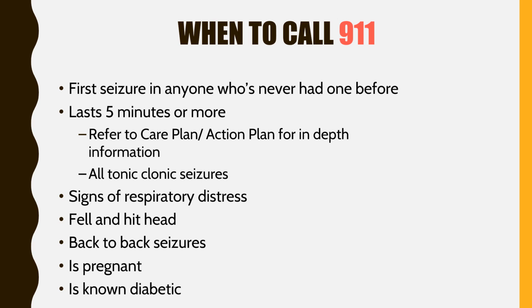Signs of respiratory distress. Injuries to the head while falling. Sustained seizures or back-to-back seizures, that's status epilepticus. If a student or employee is pregnant, or if they are a known diabetic.